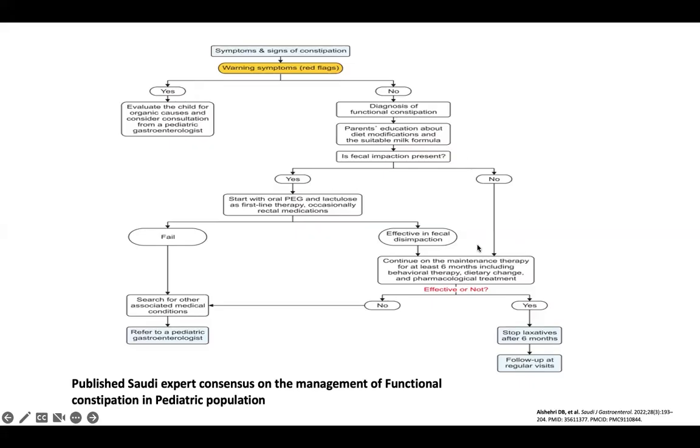If they don't have impaction, we go right away to maintenance therapy with dietary change and behavioral therapy. And if it's effective, you stop the laxative at that time and you follow up the patient. If the maintenance therapy was not effective, or if the patient has impaction and you fail to disimpact, you always refer to a specialist at that point.